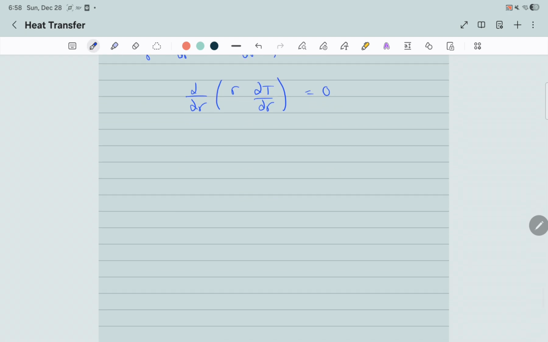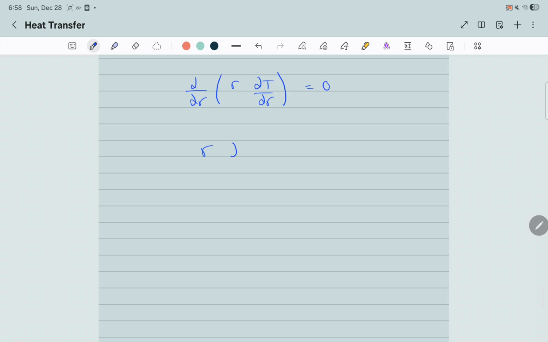Therefore, r dT/dr equals a constant. If we simplify this more, we'll get dT/dr equals C1. Therefore, if we take this dr to the other side, I think I'm missing something. Yeah. Sorry about that.